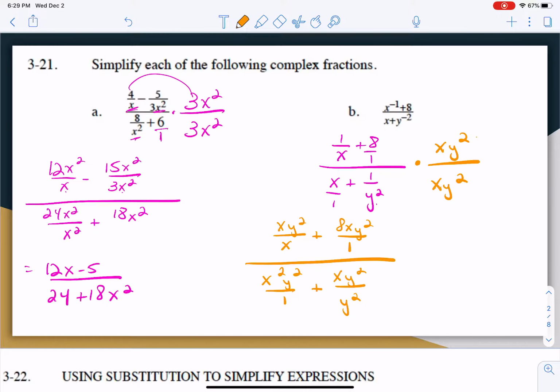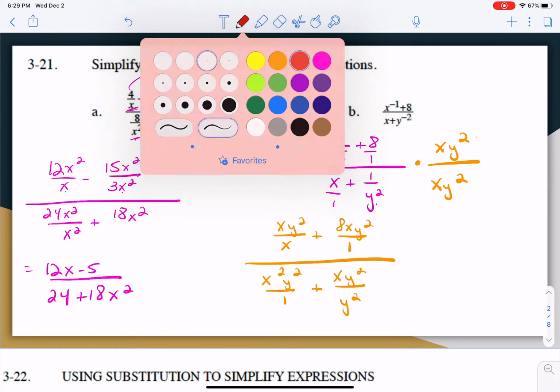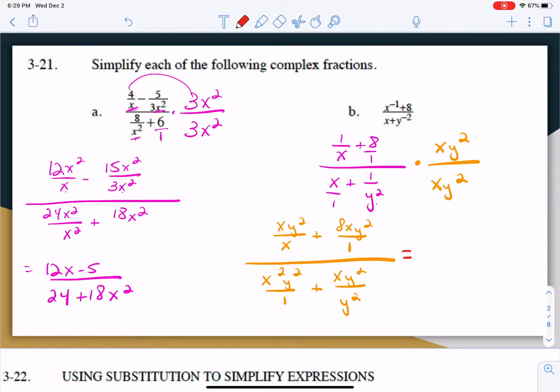So again, it looks like we just made it a whole lot more complicated, but you can simplify each one of those fractions. So the x's are going to cancel out. And in the denominator, the y squareds are going to cancel out. So I'm left with a simplified fraction.